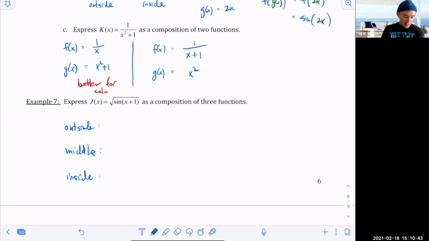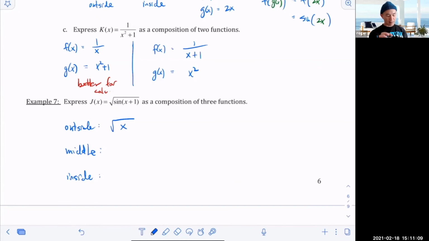When I look at this j of x, what's the outermost thing look like? Well, I see that giant square root. So to me, the outside looks to be the giant square root thing, so square root of x. And then when I look on the inside now, I'm looking at sine of x plus 1.